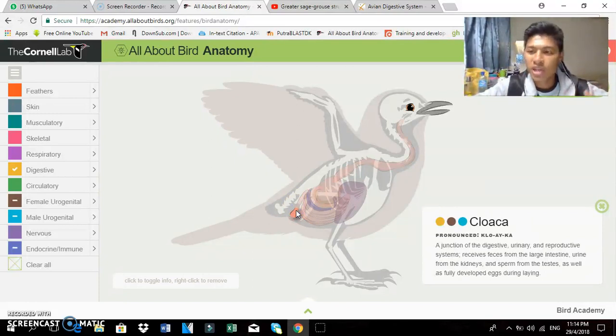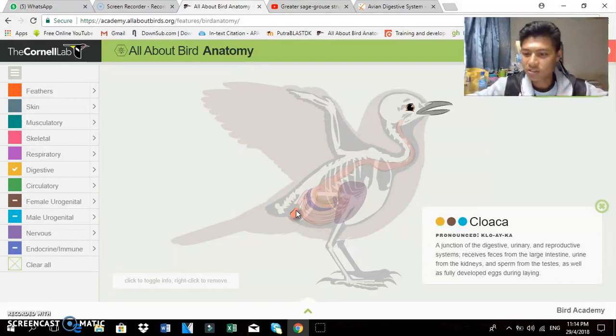The human doesn't have the cloaca, but what the cloaca does in birds is that, as you can see here, it is involved in three systems, which are the digestive, urinary, and also the reproductive system.